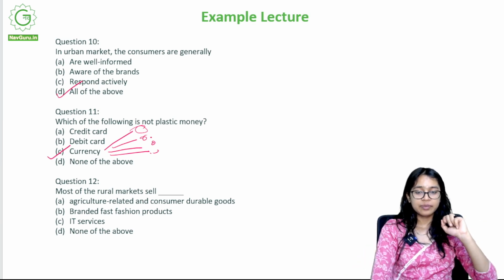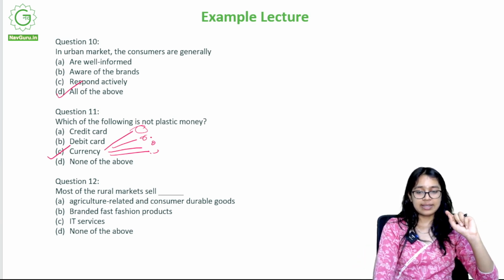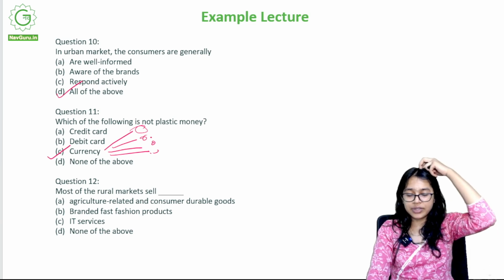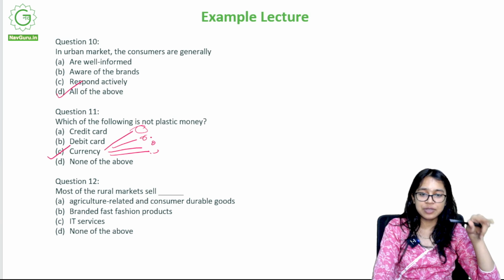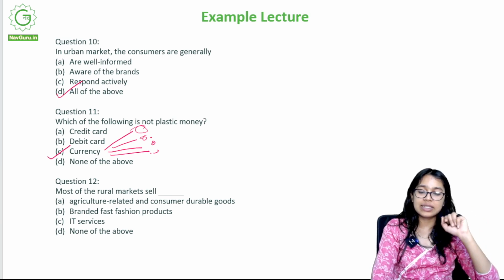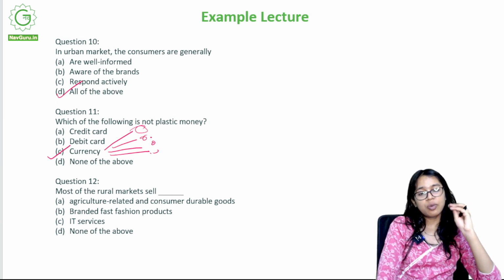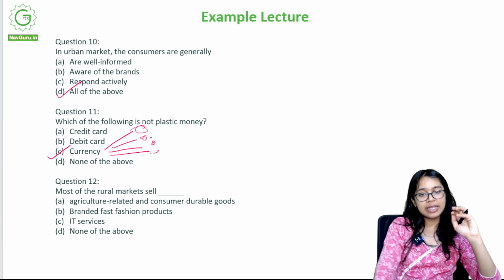Question number 12. Most of the rural markets sell A, agriculture related and consumer durable goods, B, branded fast fashion products, C, IT services, or D, none of the above. So what are rural markets characterized by?